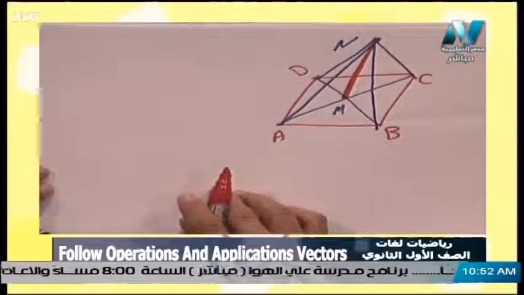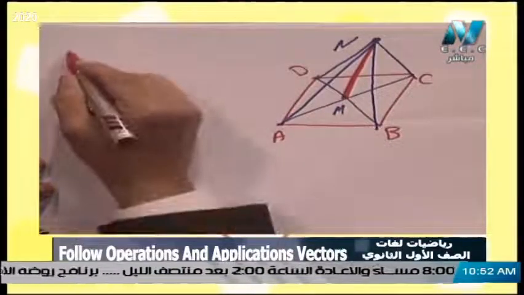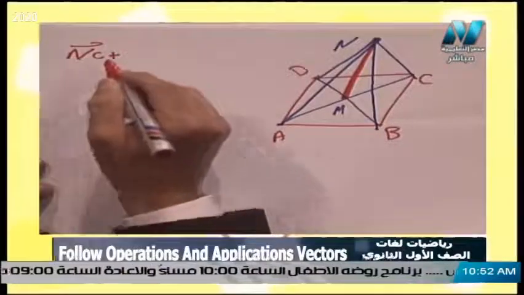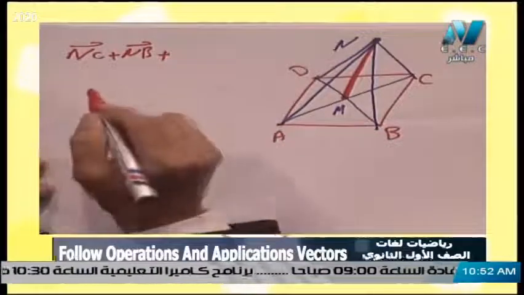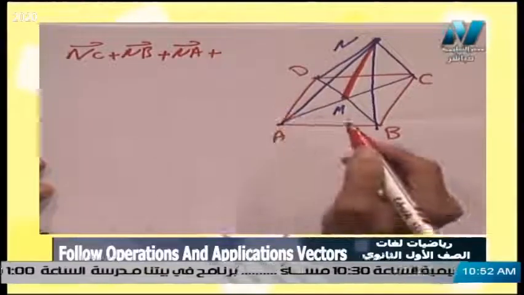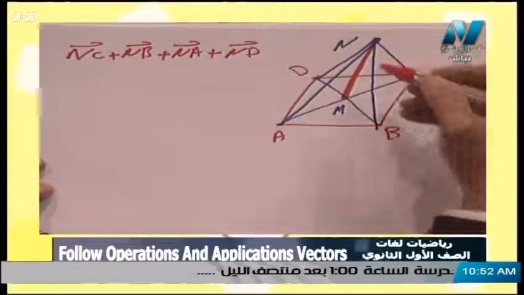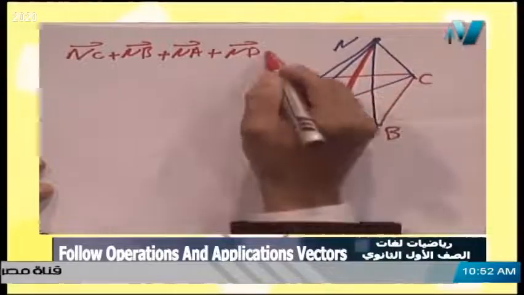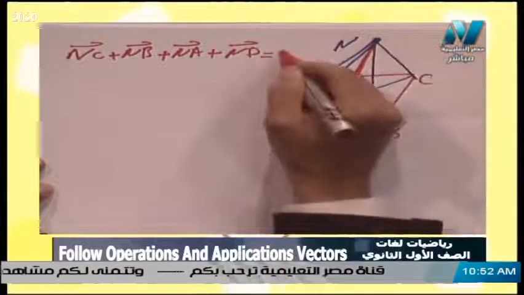The request is to prove that the vector NC plus the vector NB plus the vector NA plus the vector ND, all these vectors from N, equals 4 times the vector NM.